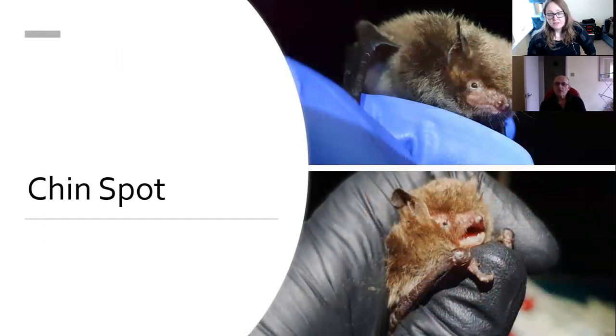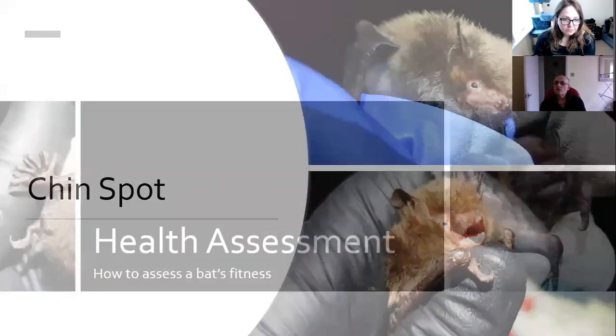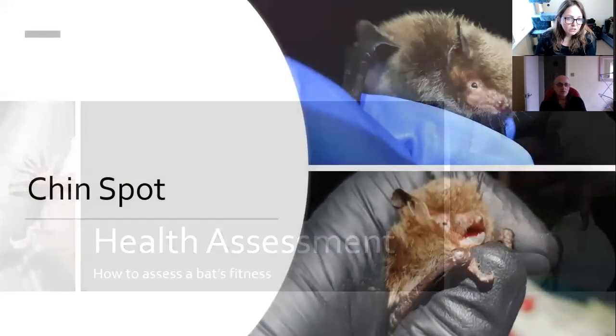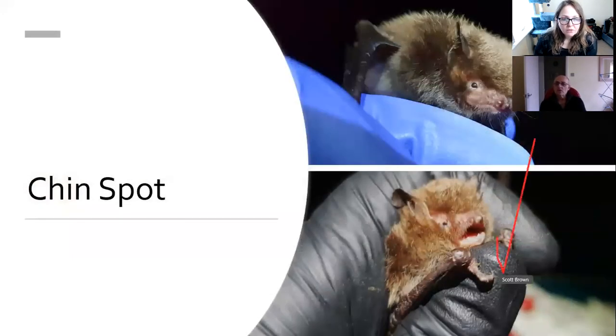Right, another thing here, these are terrible photos, is the idea of the chin spot. This is something that we're going to try and have a look at as we go through this year, but in Daubenton's bats, and I think pond bats as well, don't they, Scott? Chin spots.